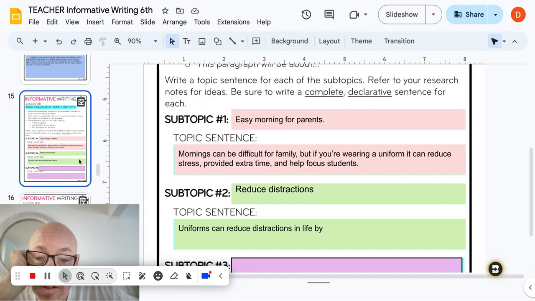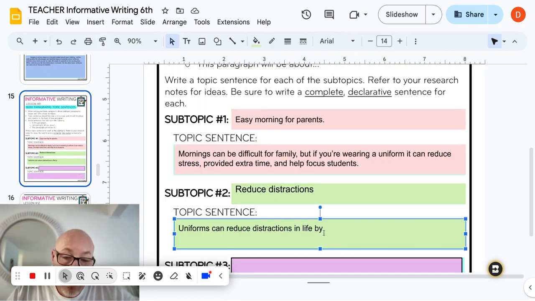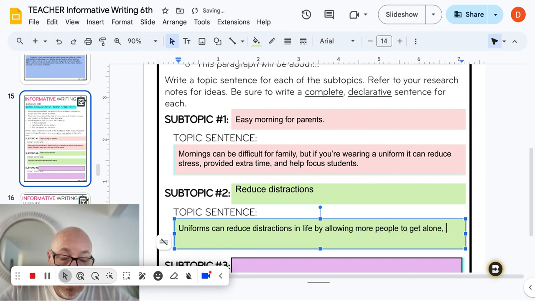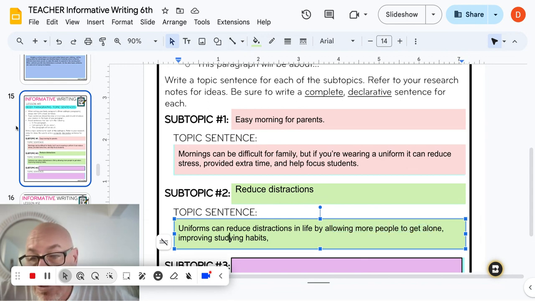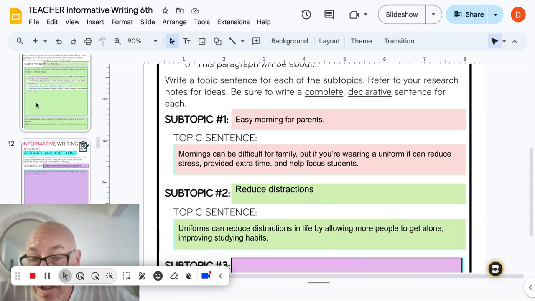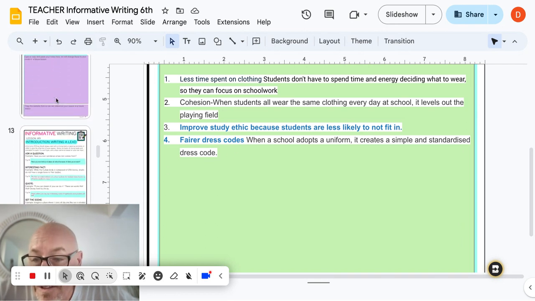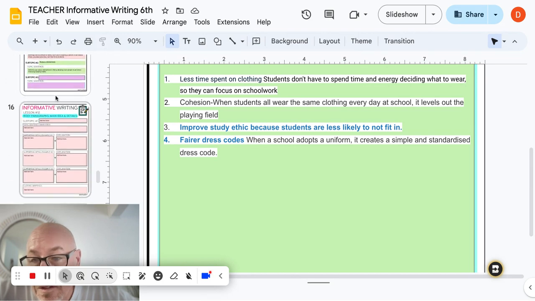I'm going to go, distraction in life by allowing more people to get along, improving studying habits, and then I think the last, so this is cohesion right here, allowing more people to get along, okay, improving study habits, which was already up here, okay, and then fairer dress codes, we can put that. And then we can do this.